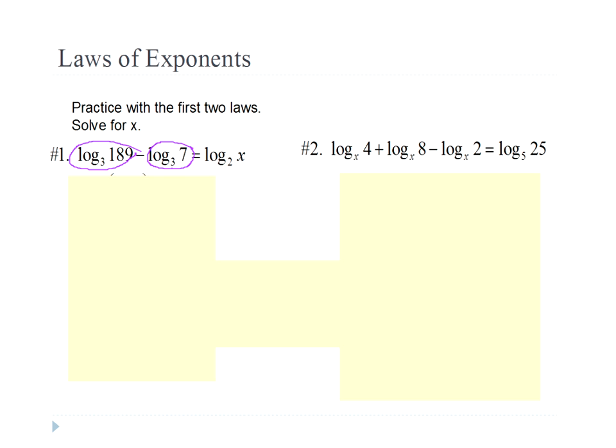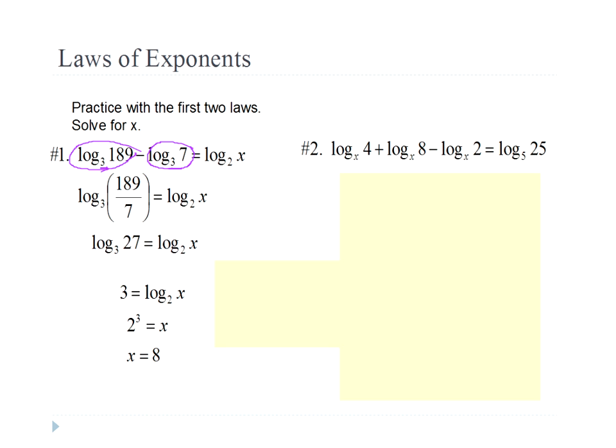So I'm kind of stuck, except I see that there are common bases, and I'm subtracting the logs, so I can keep the log in the base and divide the arguments. And 189 divided by 7 is 27, and lo and behold, log to base 3 of 27 asks 3 to the what gives you 27? That's a 3. Stuck in log form, so we're going to go to exponential, and then we get x equals 8.